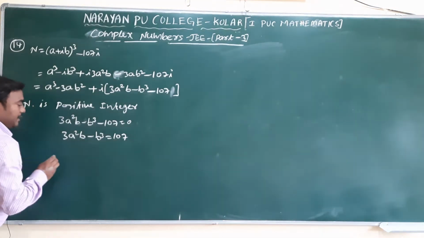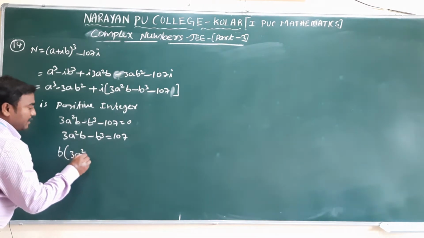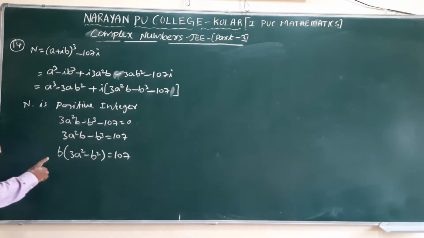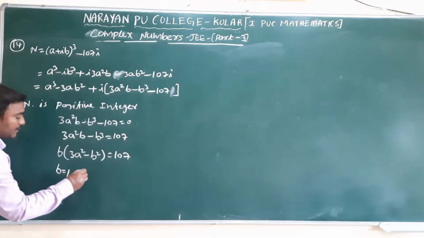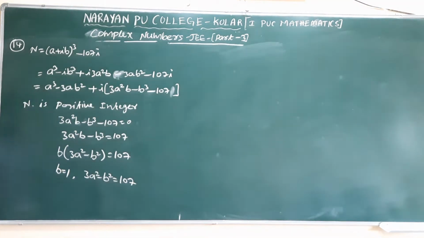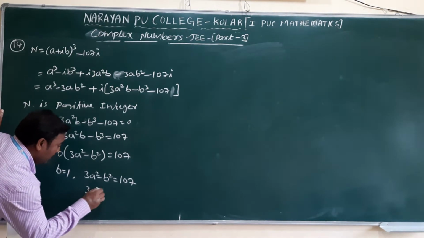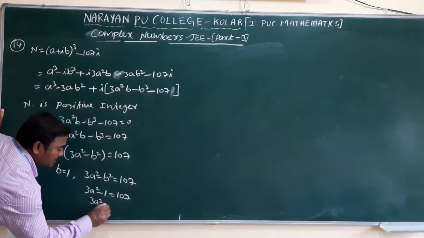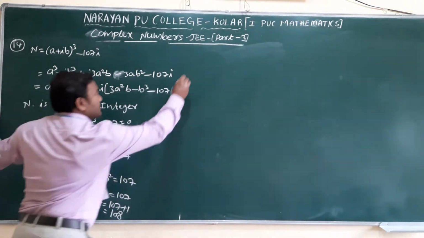We have to take b common, remaining 3a square minus b square is equal to 107. But here the b value is equal to 1. Substituting the b value 1, 3a square minus 1 is equal to 107, so 3a square is equal to 107 plus 1, we get 108.